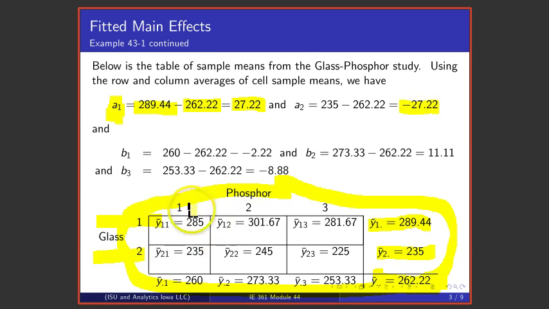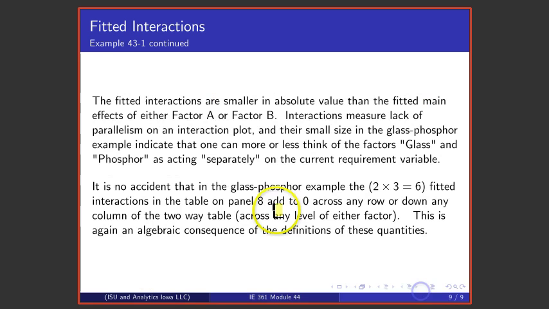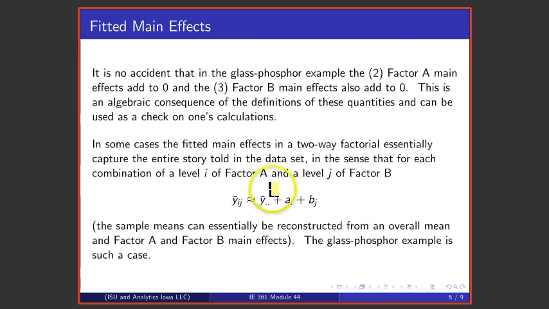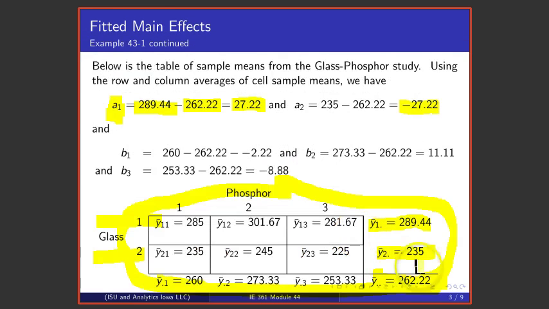If we take column averages and subtract the grand average, we're going to get so-called fitted main effects of factor B at level 1, level 2, and level 3. So we have 27.22 up here minus 27.22.